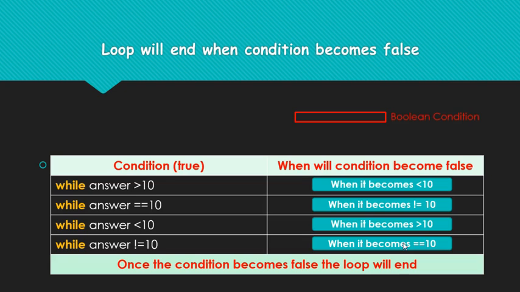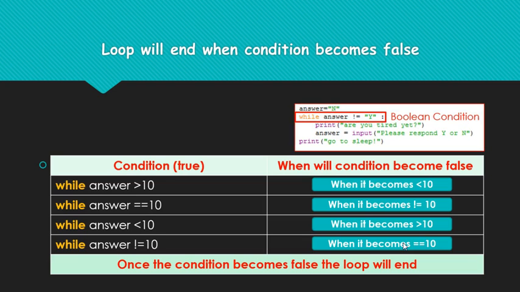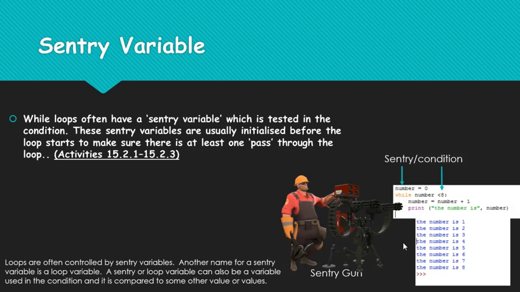As I said before, we've got a Boolean condition, which is the whole premise of the while loop. The while loop looks at the Boolean conditions and uses them to determine whether it's true or false. So let's have a look at the activities. While loops often have a sentry variable, which I talked about earlier, which is tested in the condition.